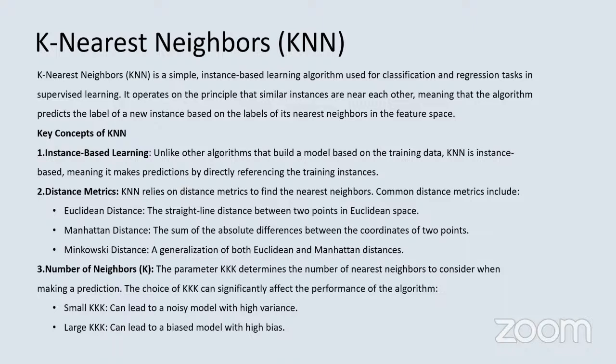There are three types of this distance metric. Mainly followed are the Euclidean distance, Manhattan, and the Minkowski distance. Euclidean is the straight line distance between the two points in Euclidean space. Manhattan is the sum of the absolute distance between the coordinates of the two points, and Minkowski is the generalization of the Euclidean and Manhattan distance.